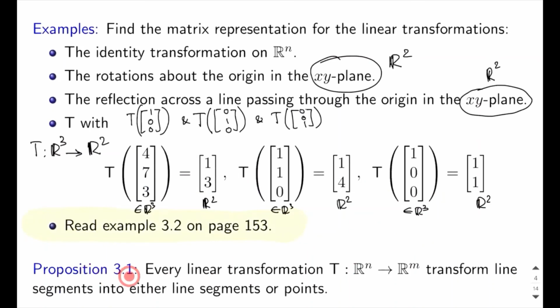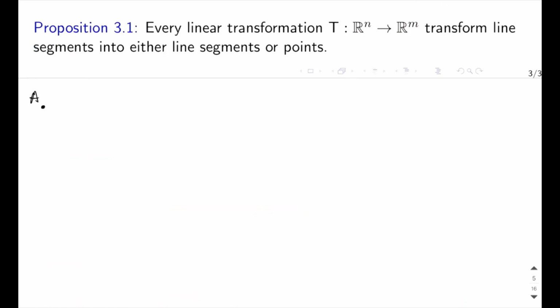Proposition 3.1. The linear transformation will transform line segments into either line segments or points. So you have a point A and a point B. Of course, they will form a line segment between A and B. Then the linear transformation T is going to take A into T of A, which we will denote as A prime.